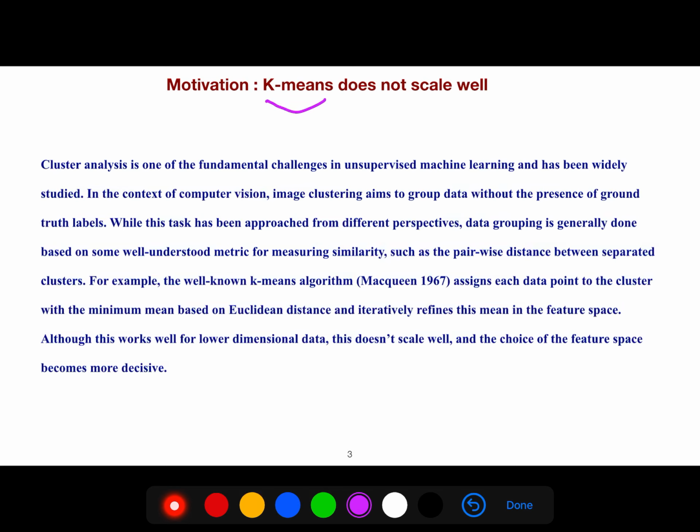For example, the well-known k-means algorithm from 1967 assigns each data point to the cluster with the minimum mean based on Euclidean distance and iteratively refines this mean in the feature space. Although this works well for lower dimensional data, it doesn't scale well, and the choice of feature space becomes more decisive.